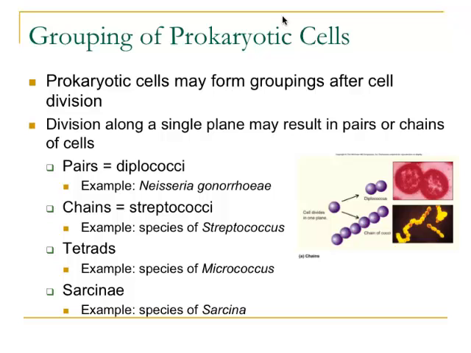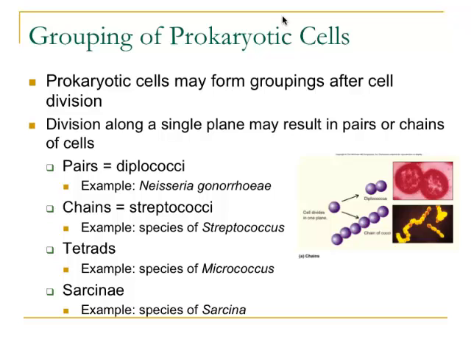So division can occur in just one plane. So think of a graph, like the x and y axis, and then the z axis comes out of the wall, or makes that third dimension to the space. So if they divide just along one plane, they form chains if they don't break apart.